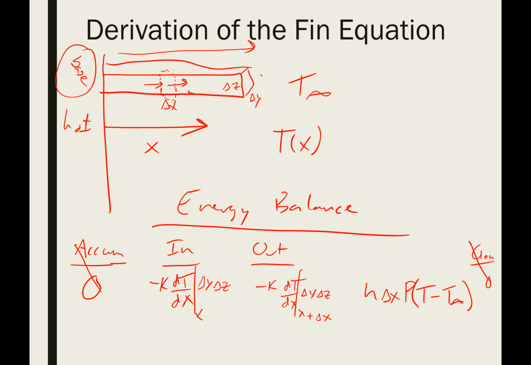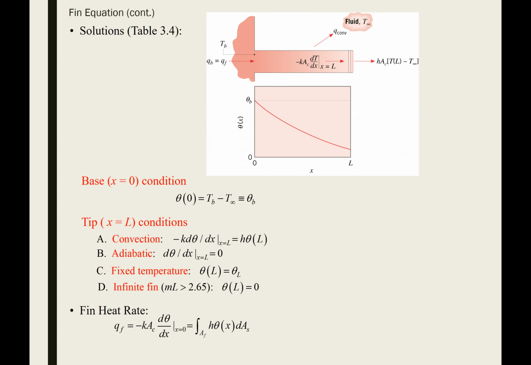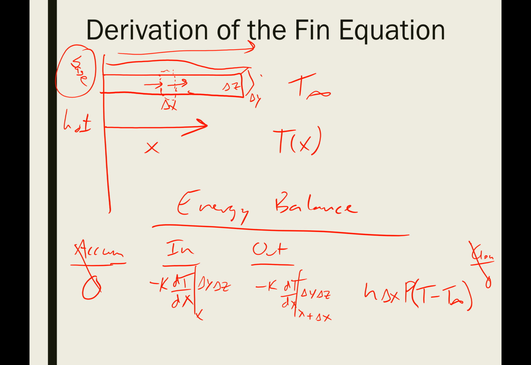So if we go ahead and compile our system, let's do this. I'm also going to make life a little bit easier by defining our cross-sectional area, delta y times delta z, as A sub c. So that's our cross-sectional area.